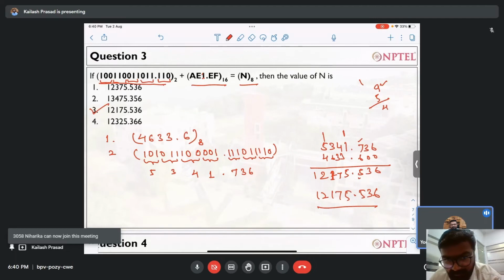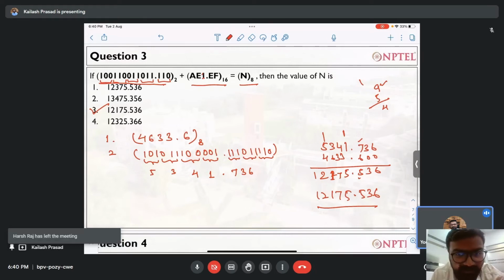So this is how you have to approach this kind of question, where you have been given numbers in different bases, and you have to find out whatever has been asked for. The first way is to convert everything into decimal and you can get the answer.